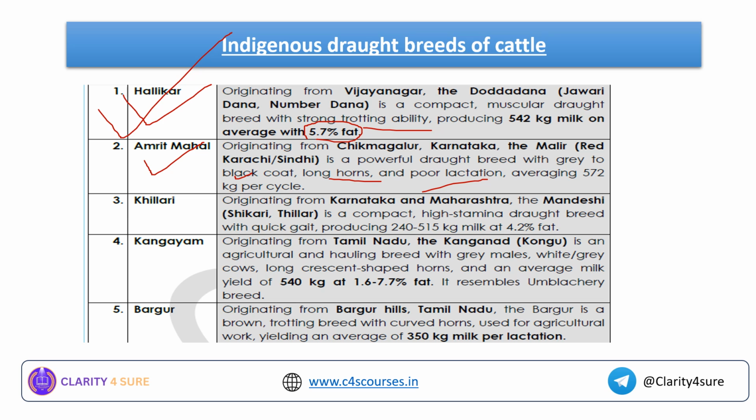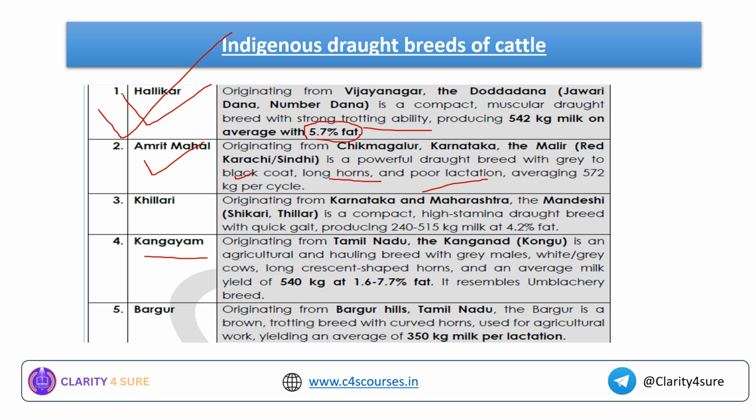Next comes your Kangayam. This originates from the Tamil Nadu region and it is also known as the Kongu breed. This is a very important agricultural and hauling breed. The male will be gray in color and the cow will be white or gray. It has crescent shaped long horns which distinguish it from the other draught breeds.